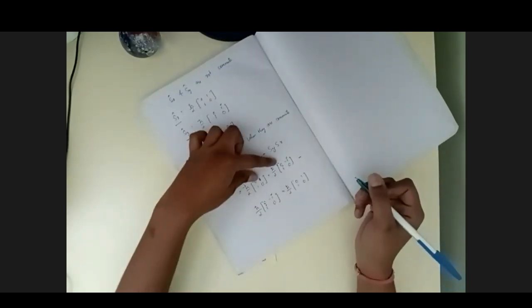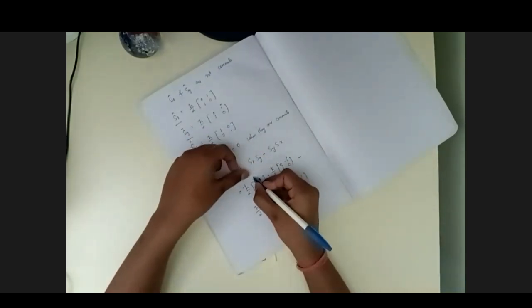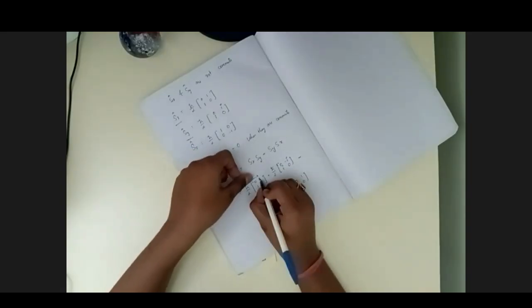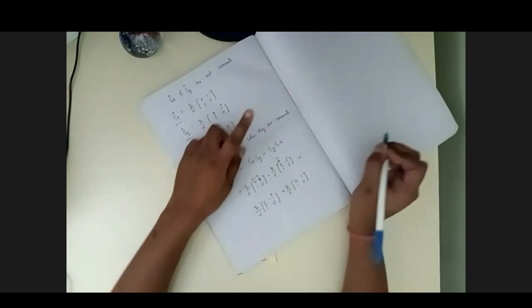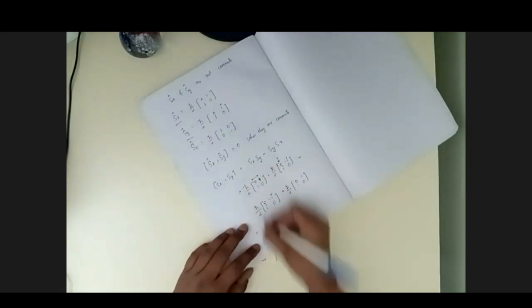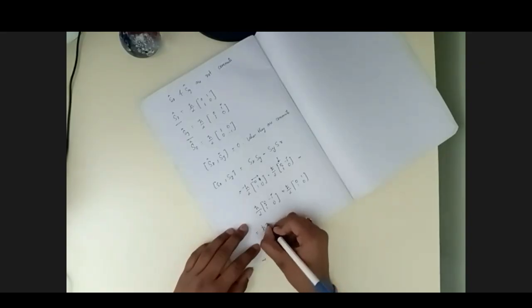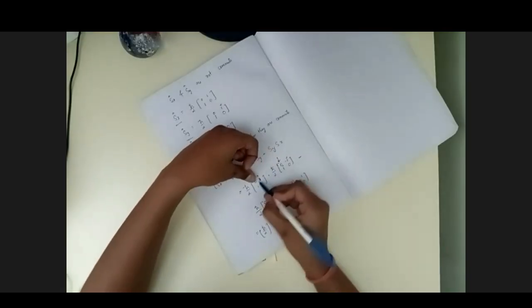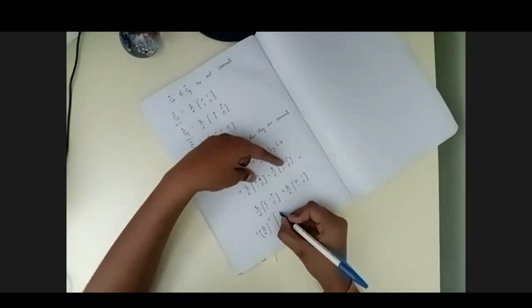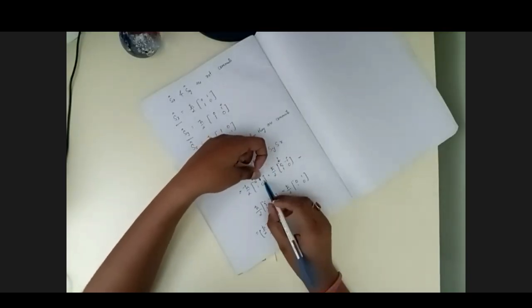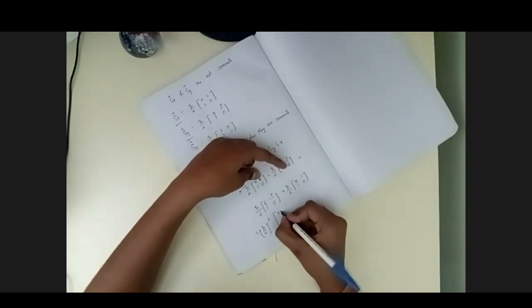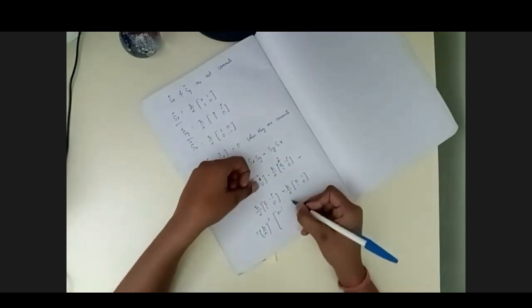Now we have to do matrix multiplication, like this row and this column. So here h-bar by 2 whole square will be common. Now we will do matrix multiplication. 0 into 0 will be 0 plus 1 into i will be i.